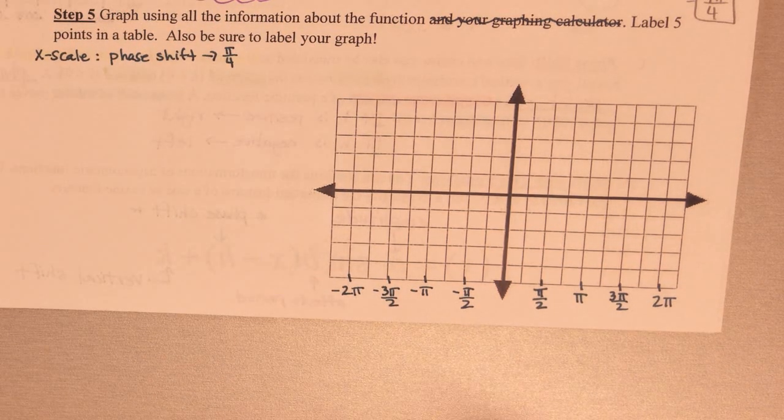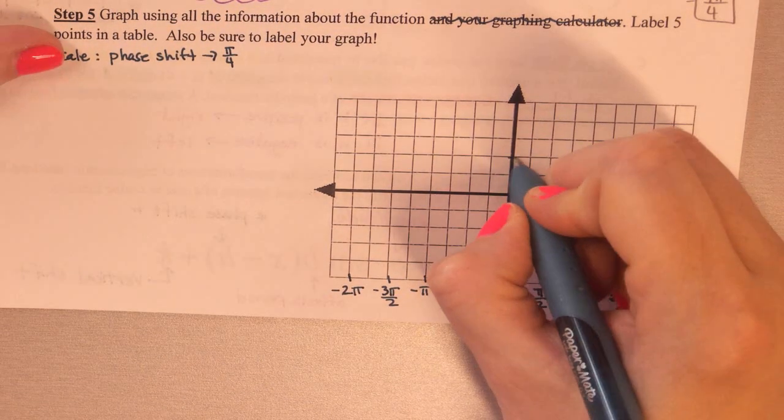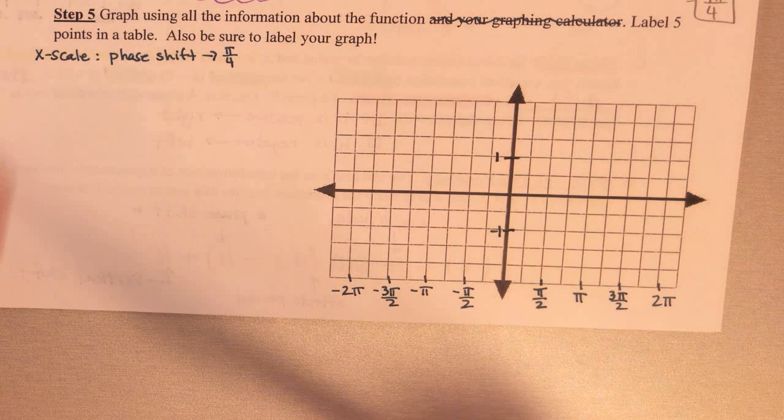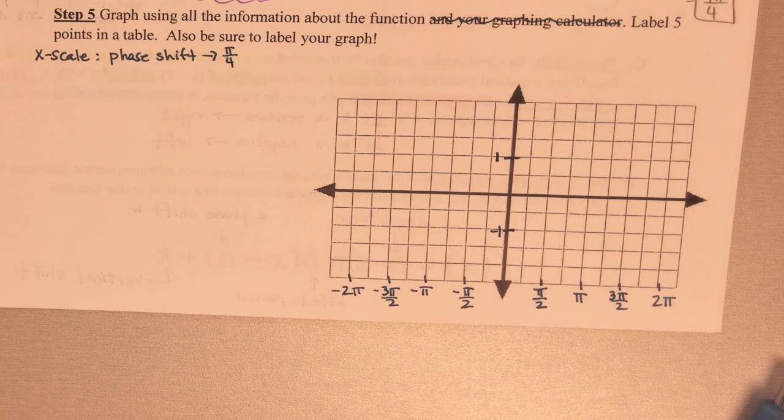And then you can decide where you want the 1 to be. For me, I like to put my 1 here, I think it's easier for me to make the curves when I scale the y by halves, but that does not matter. So you can do the halves.